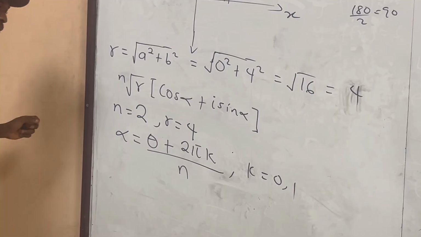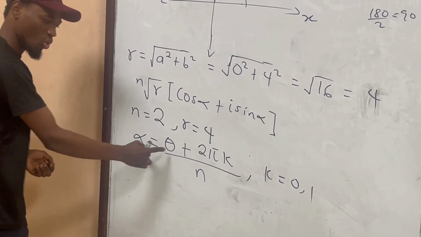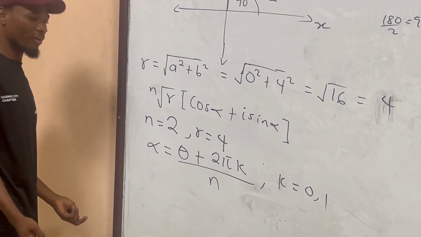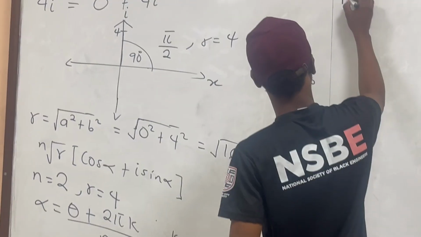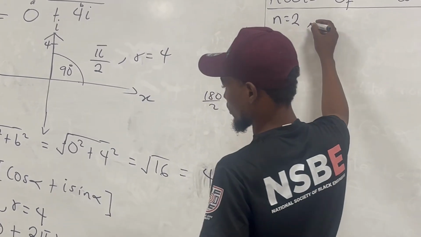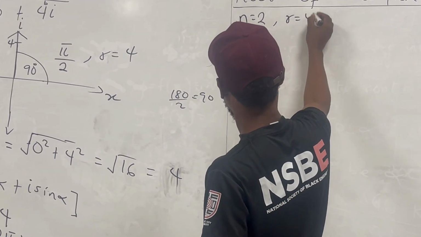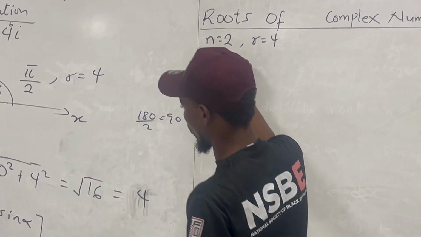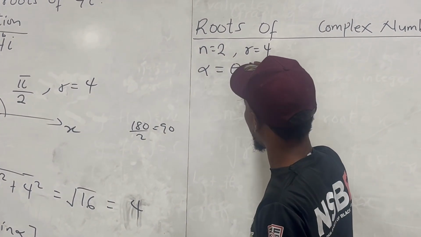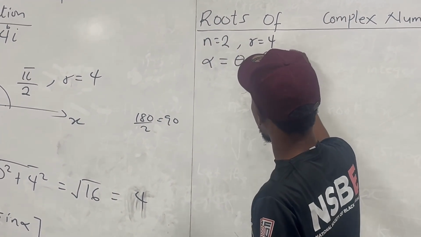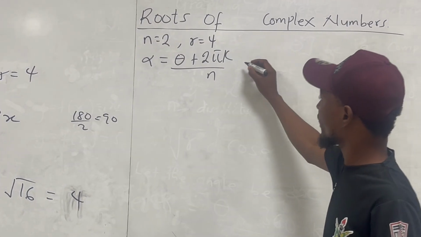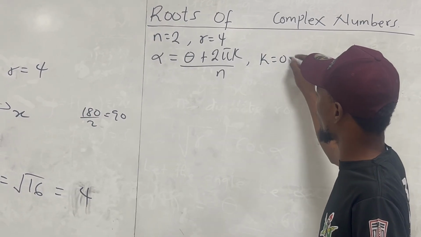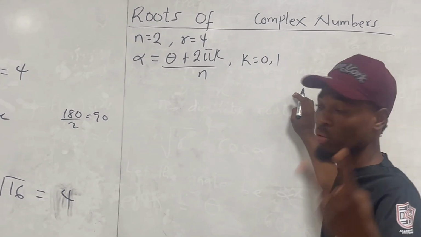You get that? So as a result, we are just going to do substitution, since we know the angle. Substituting this, remember we said n is equal to 2, r is 4, and alpha is equal to theta plus 2 pi k all over n, where k ranges from 0 to 1 because of square root, right?